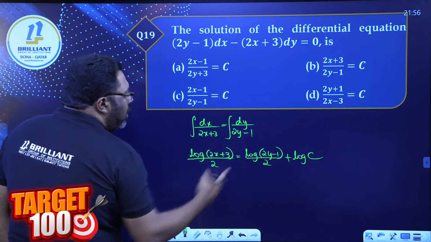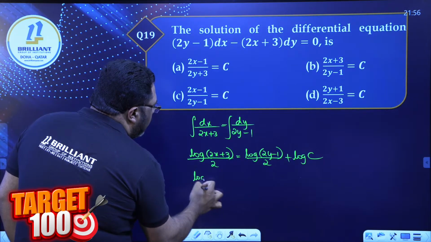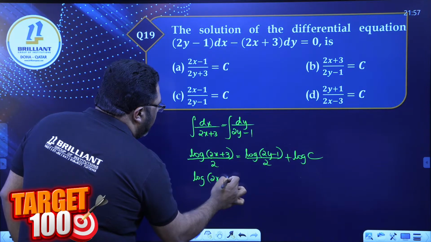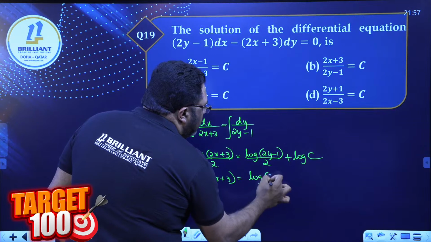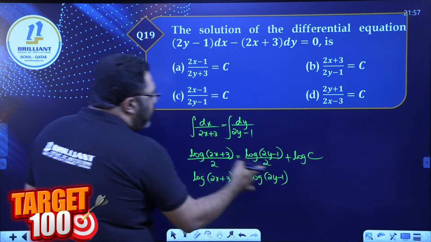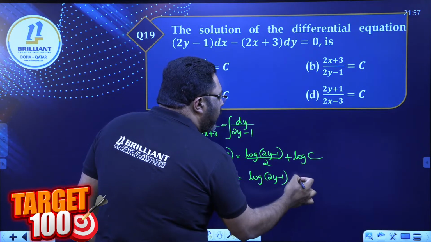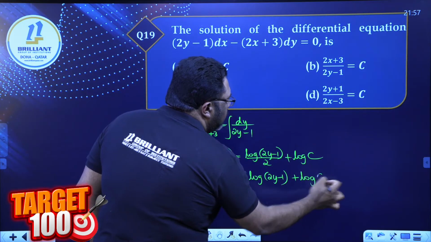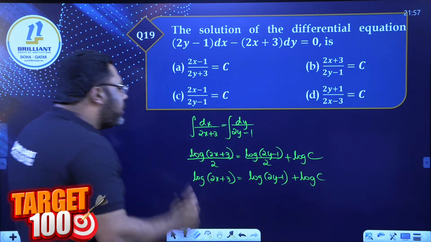So everything is in log, so my arbitrary constant is also a log. So you get log 2x plus 3 equal to log 2y minus 1, because divided by 2 is common everywhere. Apply that 2 on log c, but still it remains c only. I told you, c is such a form, he can eat anything. He'll still remain c only.